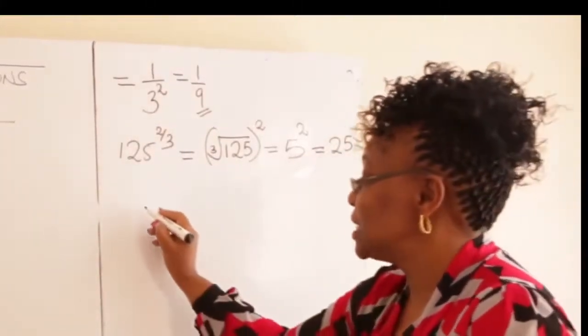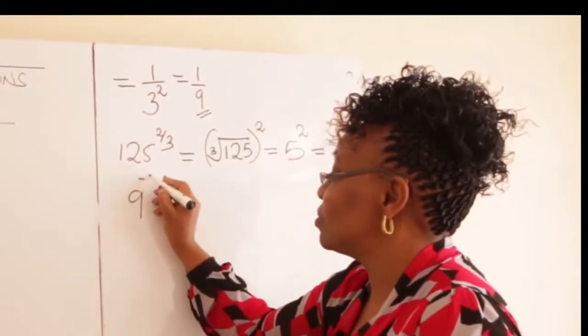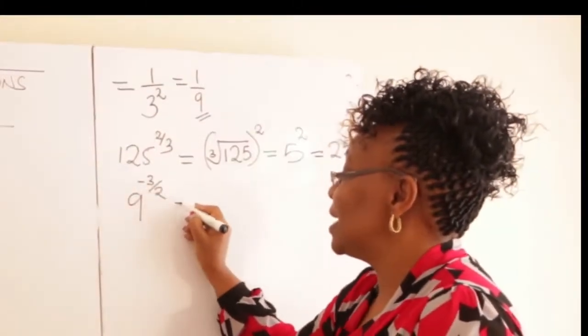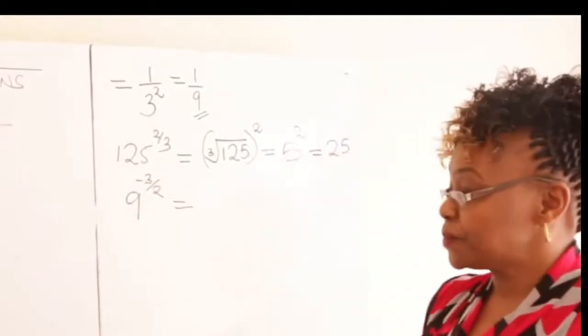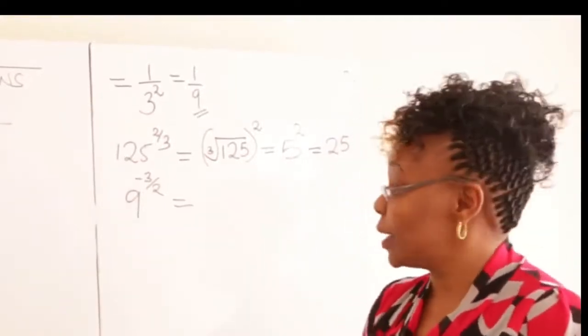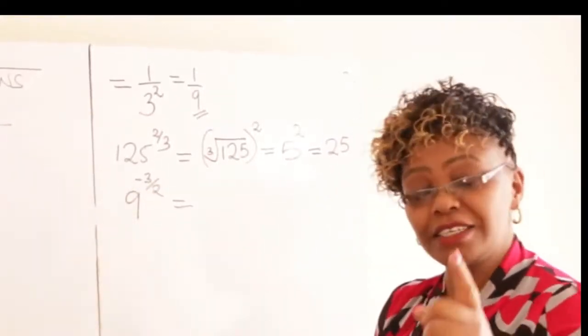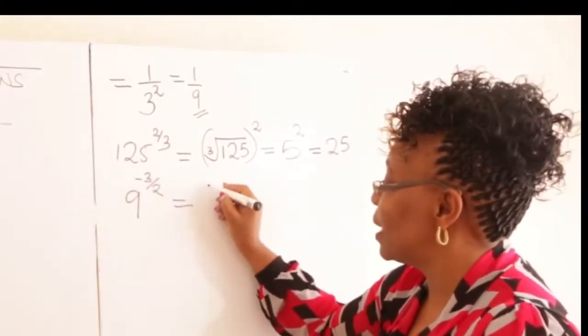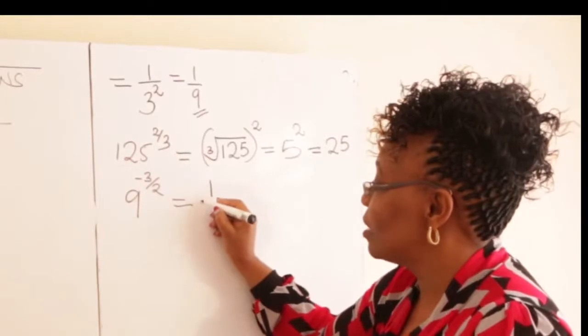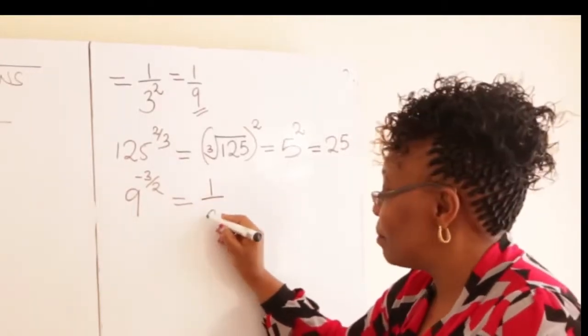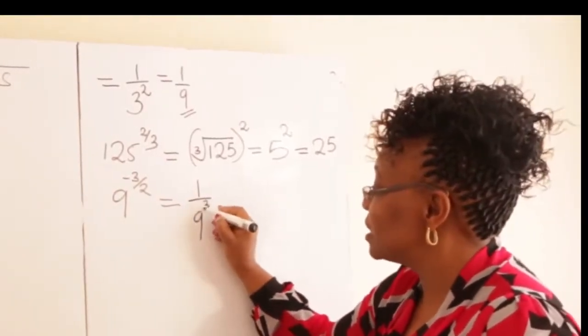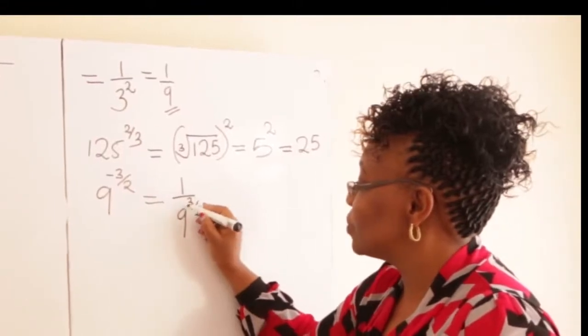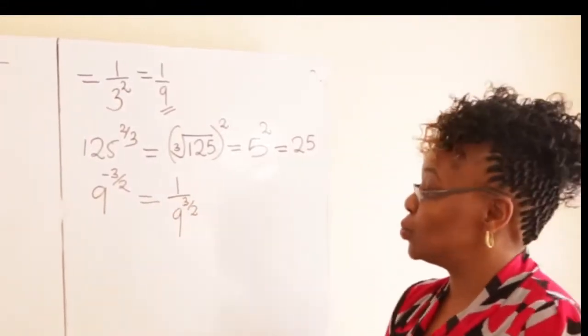We go to the denominator. 9 raised to negative 3 over 2 is the same as what? Just like the first one, this number is raised to a negative power. If a number is raised to a negative power, you write 1 over the number, but now raised to a positive power. So there we have 3 over 2.